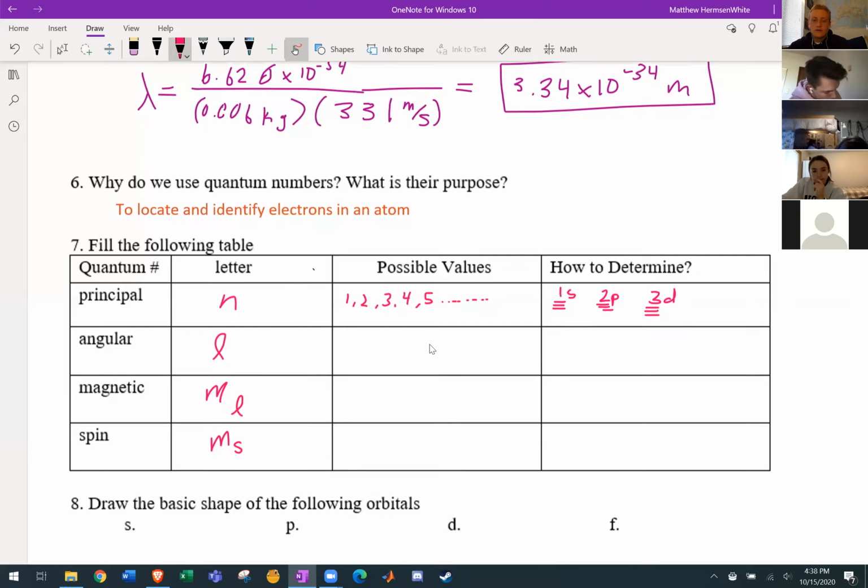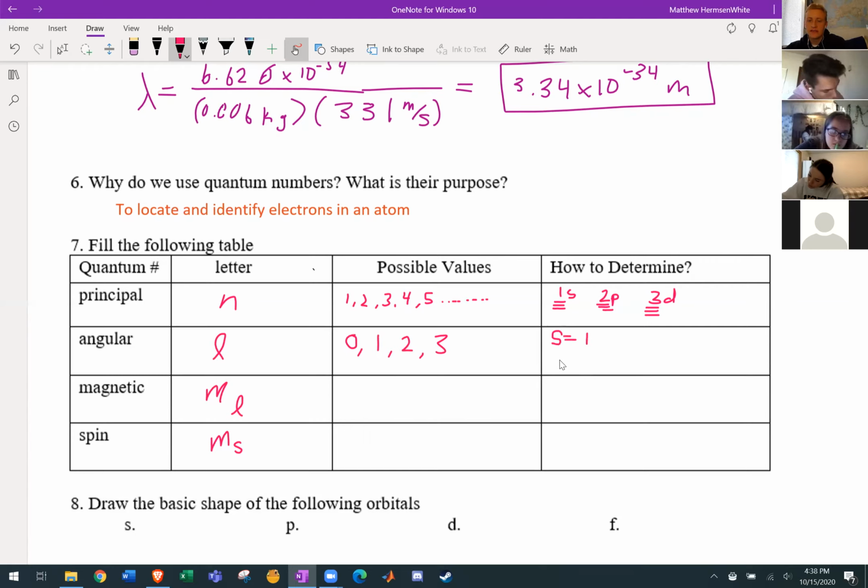The possible values for the l quantum number are 0, 1, 2, and 3. They don't go up any higher. Now, how do you determine the l quantum number? It depends on the type of block in the periodic table.